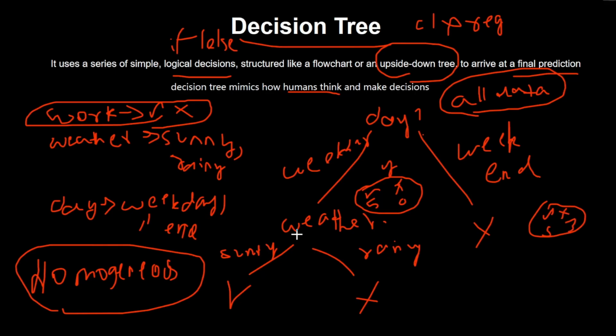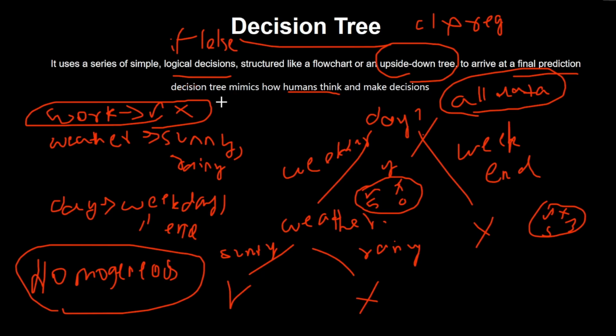Our end goal is to split in such a way at every step that we have homogeneous sets. That's when we can make a confident decision. If a split gave this set of data, we can confidently say, while doing the split and making the decision, that this belongs to the yes class, which is that the person will definitely go for work.